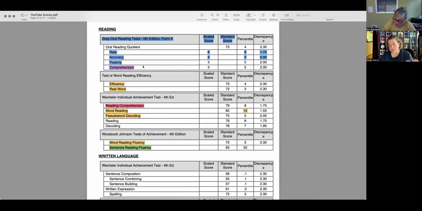You can read aloud if you want to, but you're reading silently. And so you can compare between those. The Woodcock-Johnson, all of these are silent. Okay. So the word reading fluency and the sentence reading fluency are silent, where in the GORT and in the WIAT, the word reading and the pseudo word are oral.